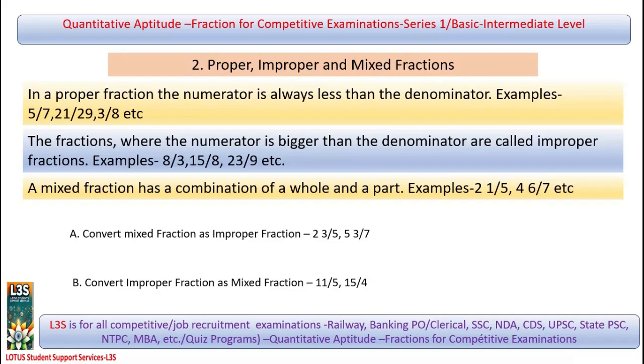Example: 2 1 by 5. The whole part is 2, then 1 by 5 is the fractional part. Next one is 4 6 by 7. So here also it is a mix of a whole and a part.